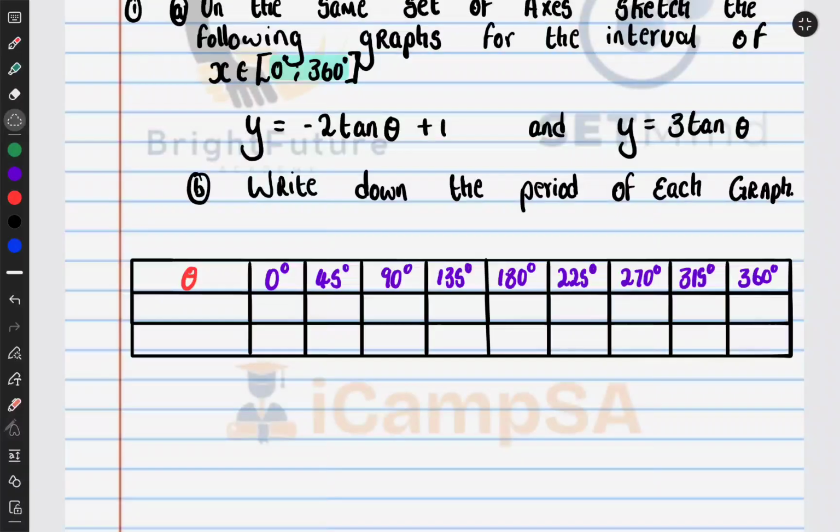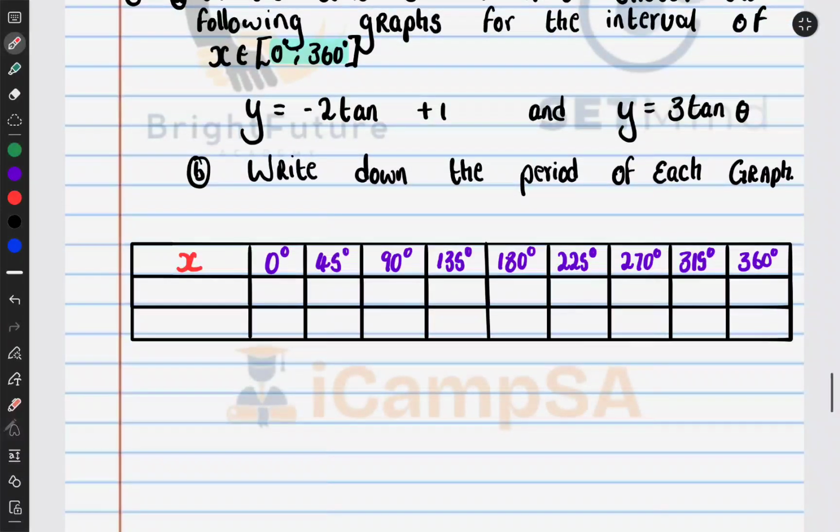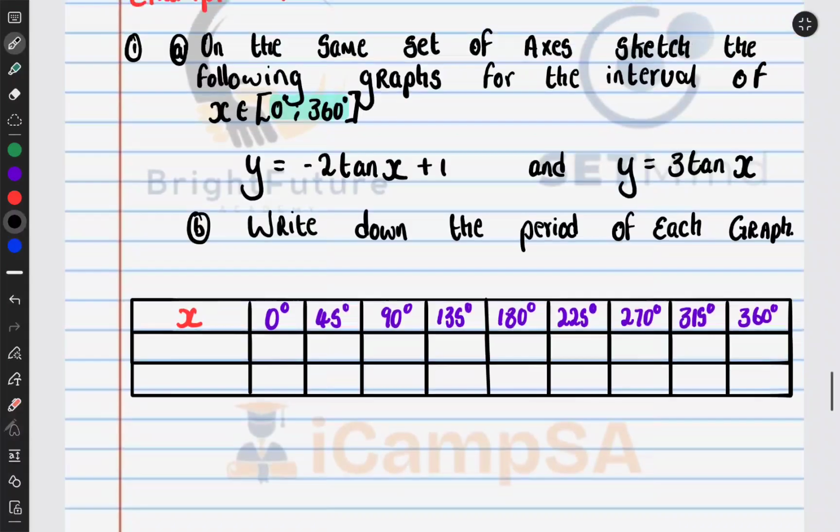This is x now, and here I'm supposed to use x, just easier than theta. So before we even get to tabling down the values, just a few things.